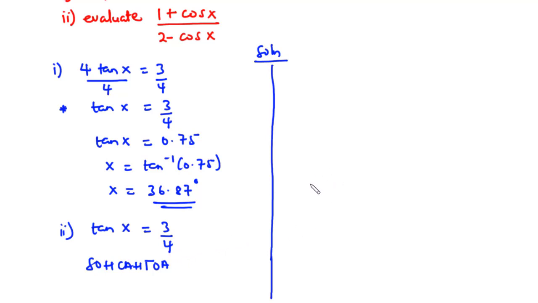So now let's draw the right-angled triangle. So we have our right-angled triangle. This is angle x. The opposite side is 3. The adjacent is 4. And then let the hypotenuse be y.